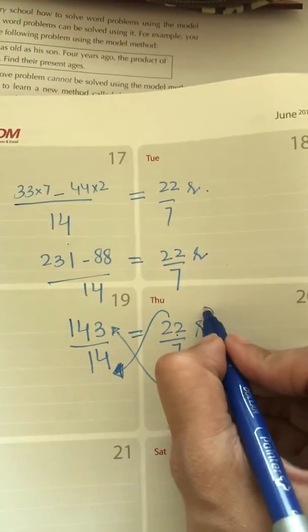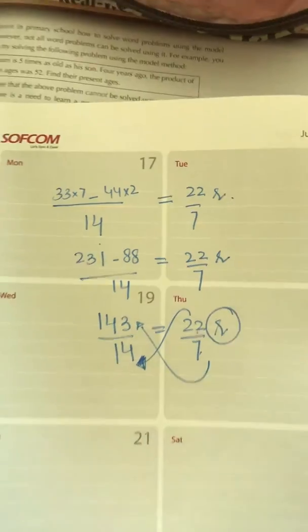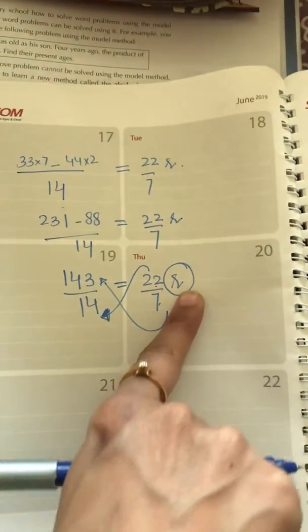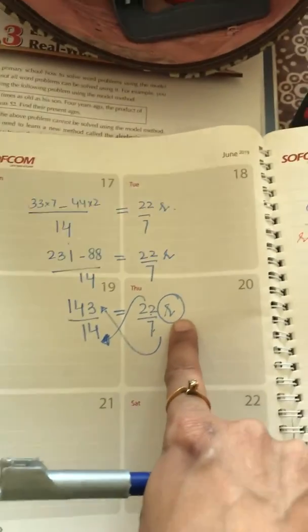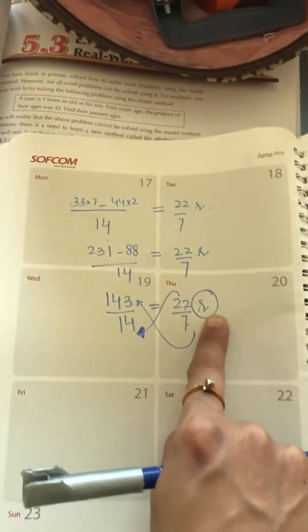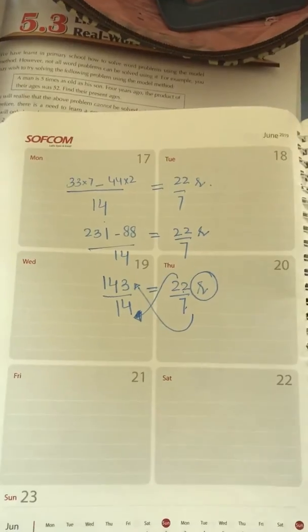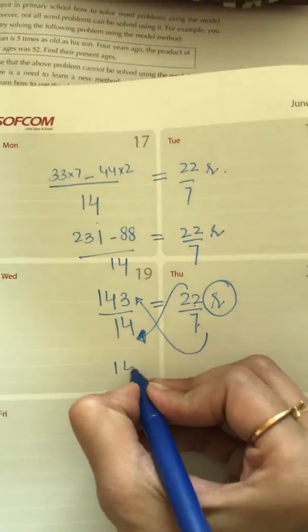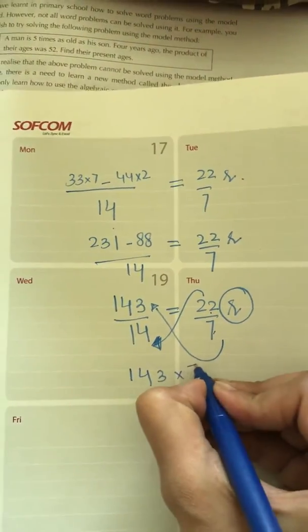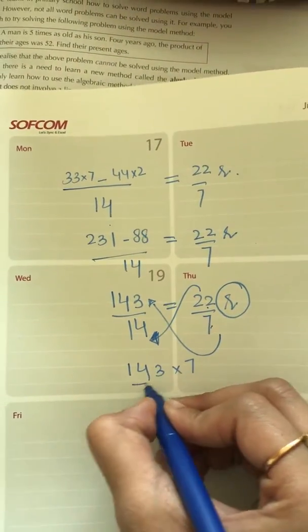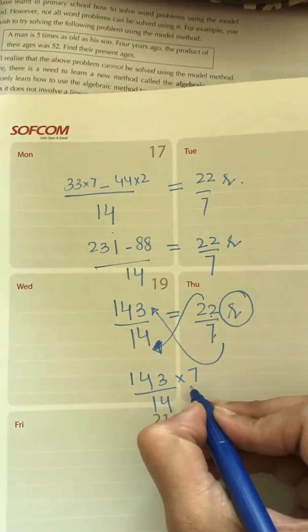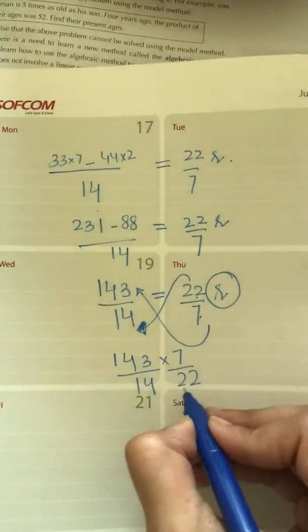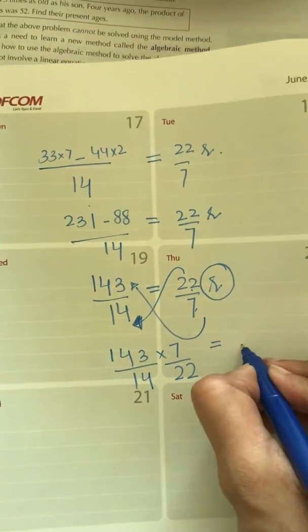Because we want to make r the subject and we want to know the value of r. That's why we are isolating r, separating r from any kind of coefficient or any number. Okay, is it clear? I hope it's clear. So 143 will be multiplied with 7 and 14 is over here and 22 will be in the denominator and that's equal to r.